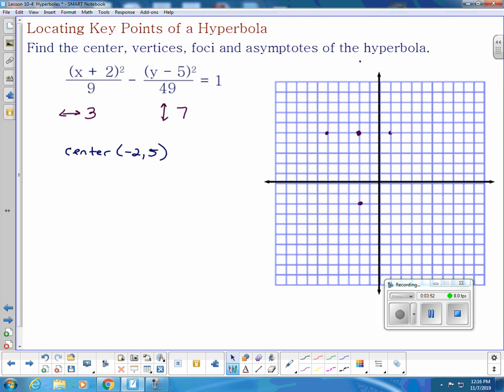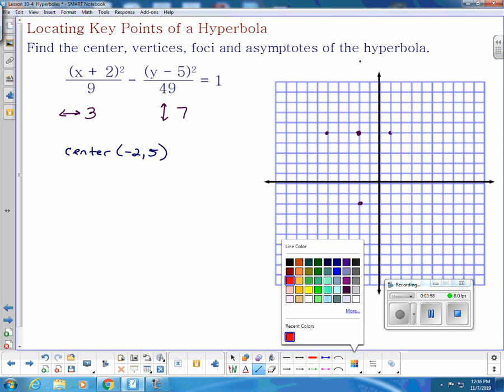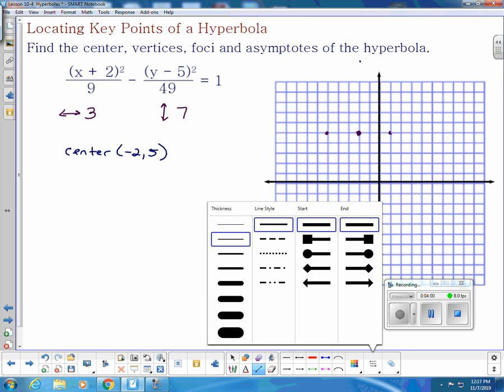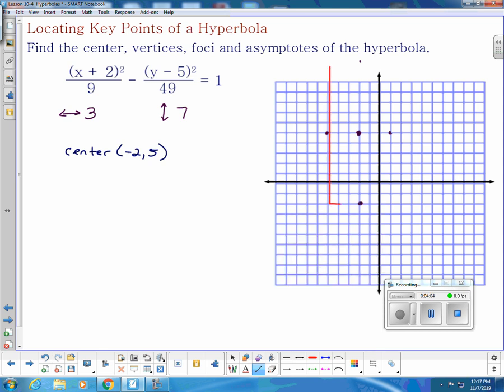and here is where we would draw the ellipse, but it's not an ellipse, it's a hyperbola. So what you're going to do is very faintly, nice thin line, you're going to draw a rectangle where those points are the midpoints of the sides.